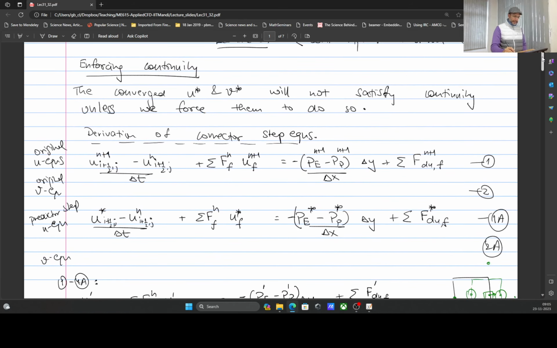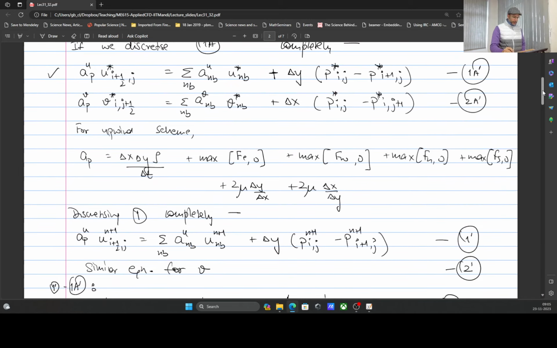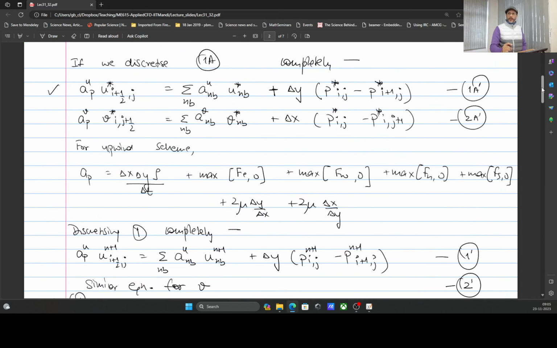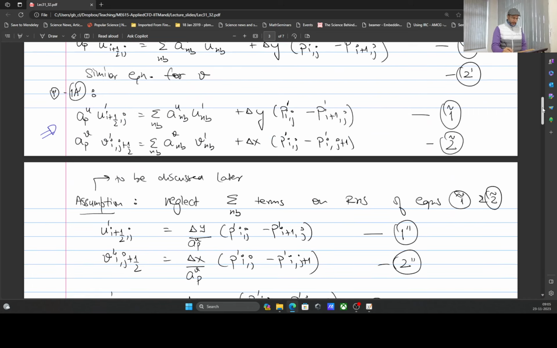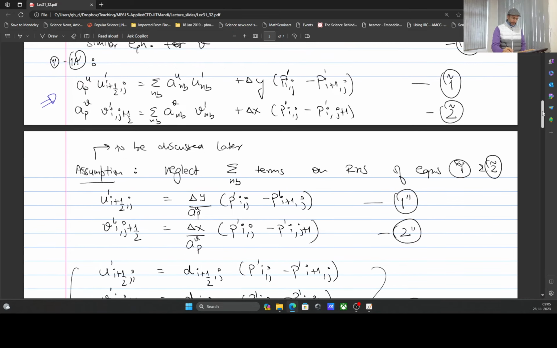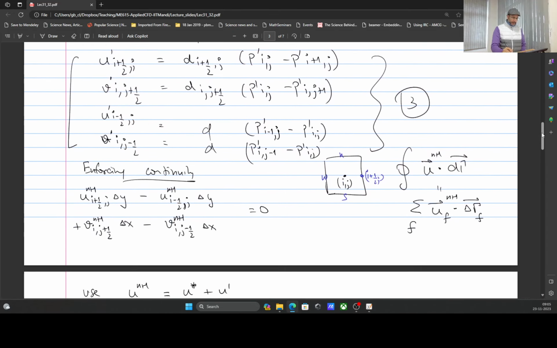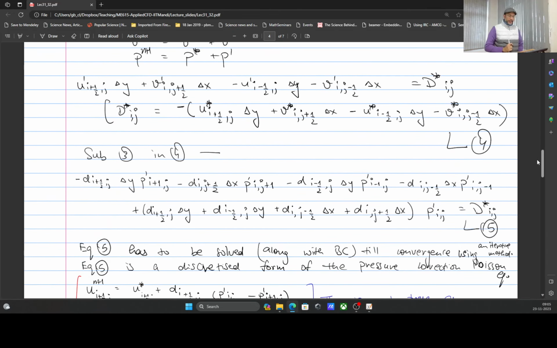After we derived the character equations, which had a particular assumption where we neglected the neighborhood terms in our velocity correction equations 1 tilde and 2 tilde, that resulted in 1 double prime and 2 double prime, which was substituted into the continuity equation to get the pressure correction equation, which is used to solve for the p prime values.